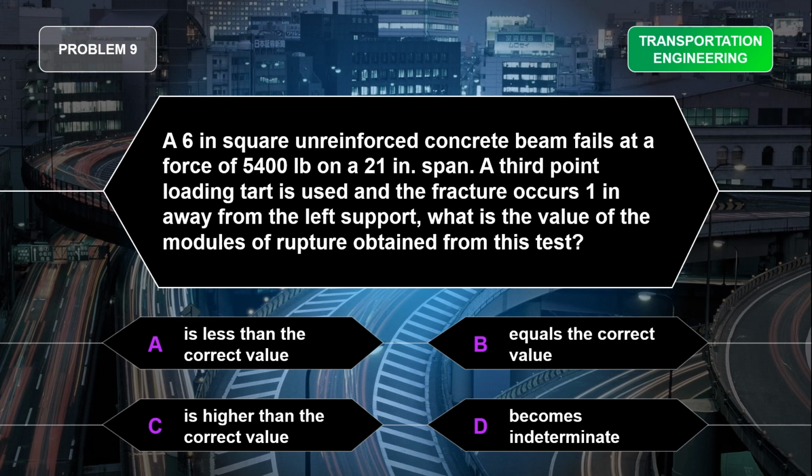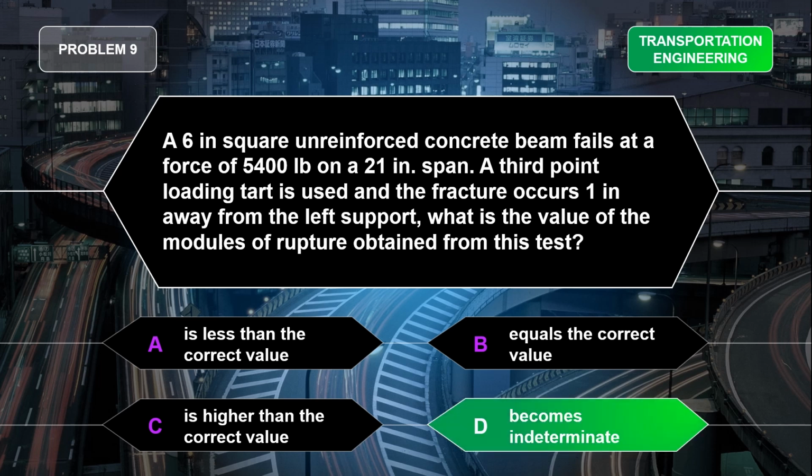B. Equals the correct value. C. Is higher than the correct value. D. Becomes indeterminate. The correct answer is letter D, it becomes indeterminate. If the specimen breaks significantly outside of the middle third of the span, the test result must be discarded. The value of the modulus of rupture becomes indeterminate.